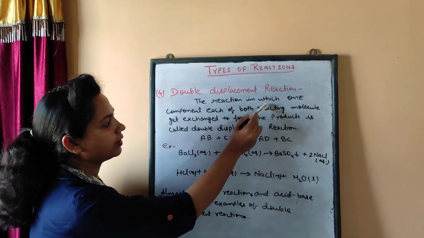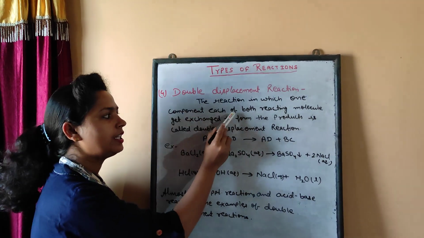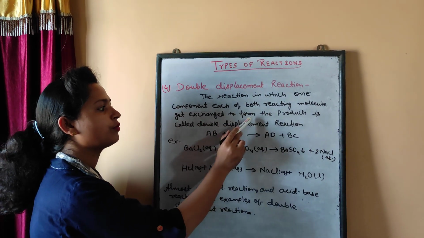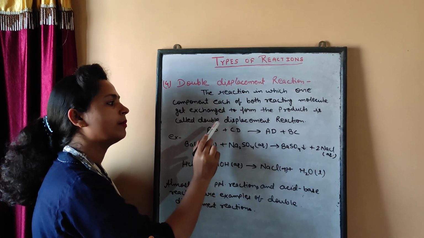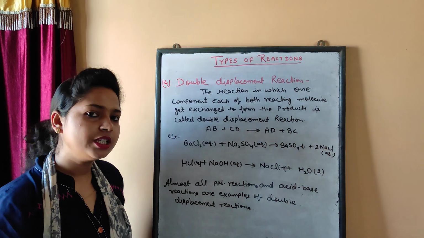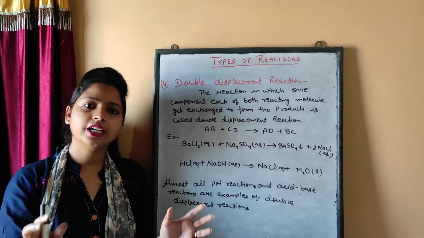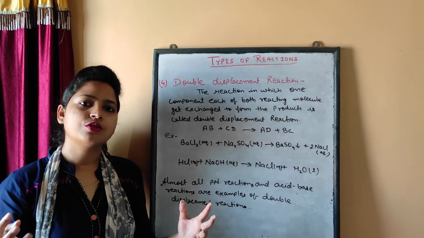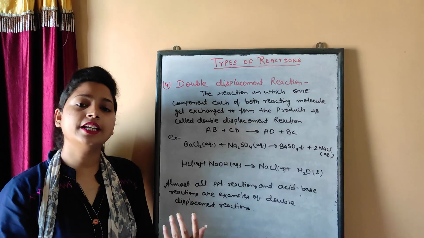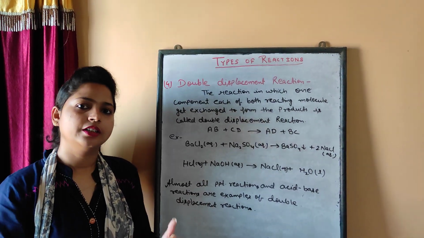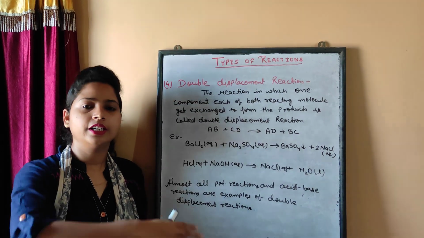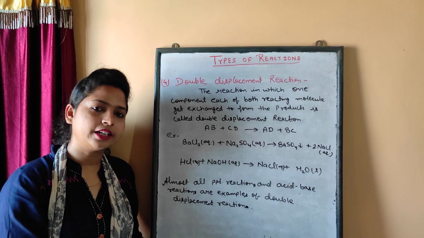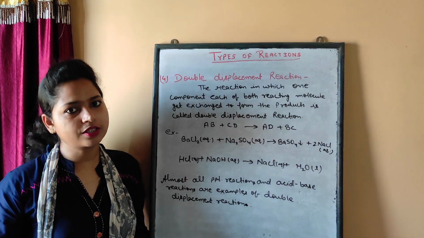The reaction in which one component each of both reacting molecules gets exchanged to form the products is called a double displacement reaction. Two reactants are there and both are in the form of aqueous solution. So the ions get exchanged: the anion of one reactant combines with the cation of the other reactant, and the cation of the other reactant combines with the anion of the first.